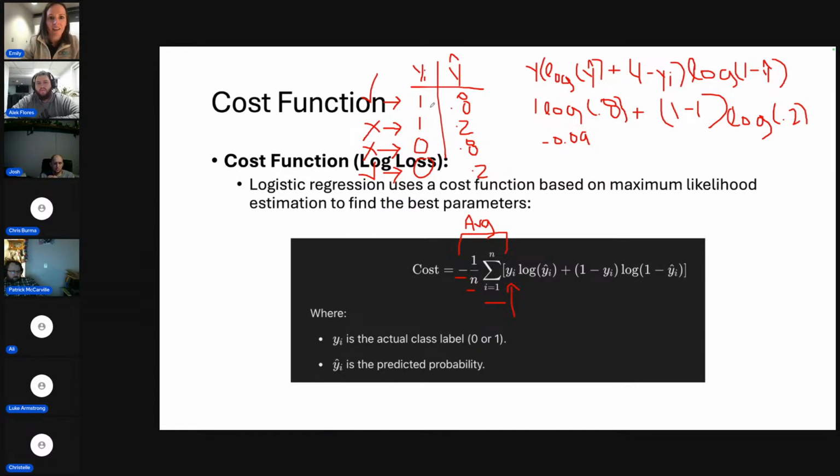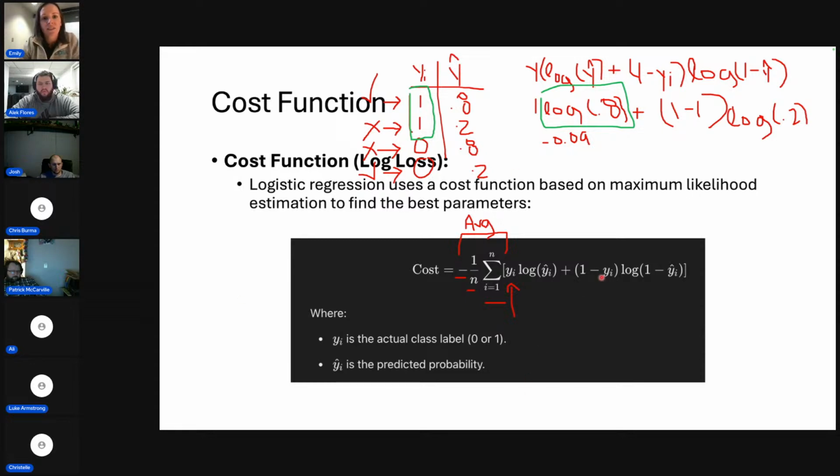So essentially, what this is saying, this is the clever part. When y at i is 1, we take the log of y hat, because look what happens with the rest of the formula.